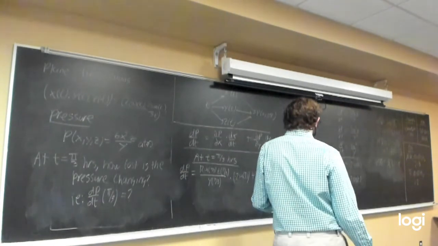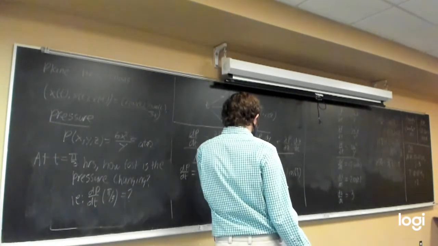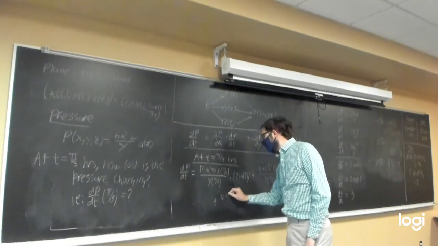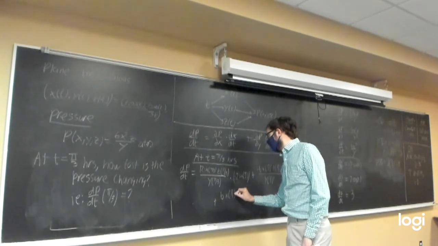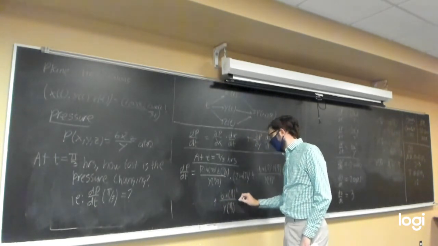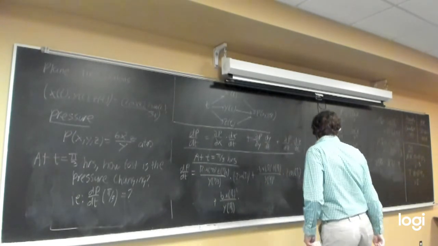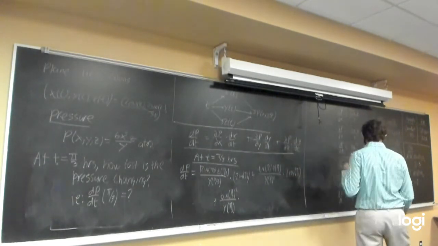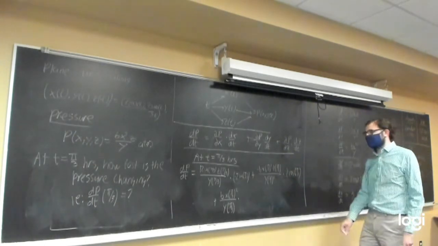And finally, we'll add to that ∂p/∂z, which is 6 times x of π/3 squared divided by y of π/3, multiplied by our dz/dt, so that's just multiplied by 3.